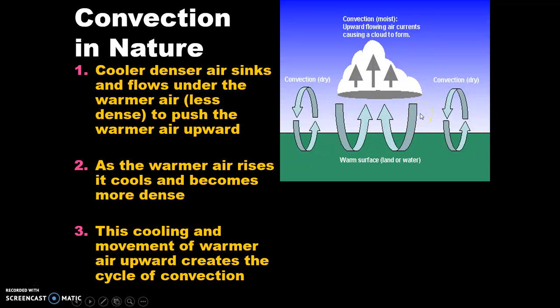The cold air falls because it's more dense, and then again that's heated up, and we have that cycle happening. This is another thing, along with our different pressure systems, that causes the weather we talked about last chapter, with atmospheric pressure.